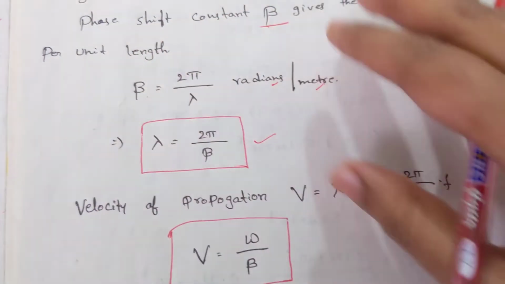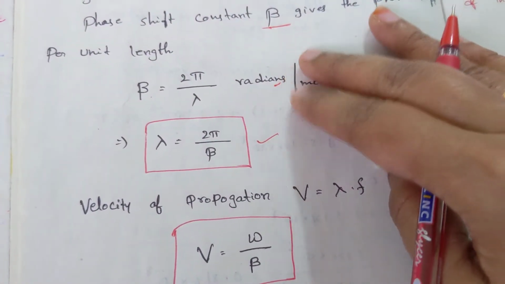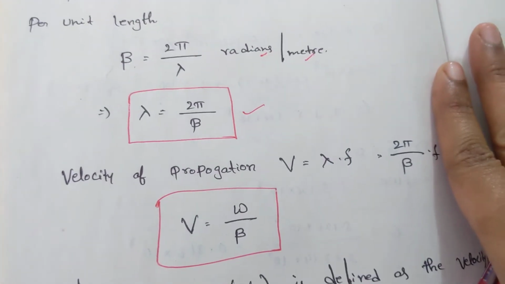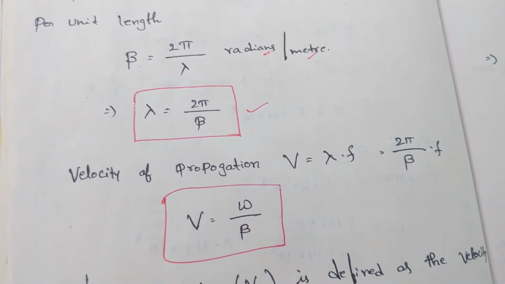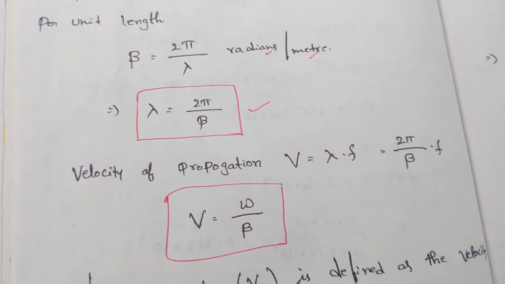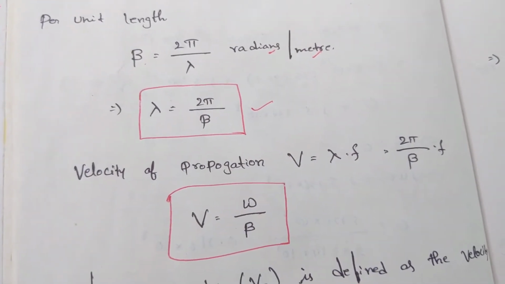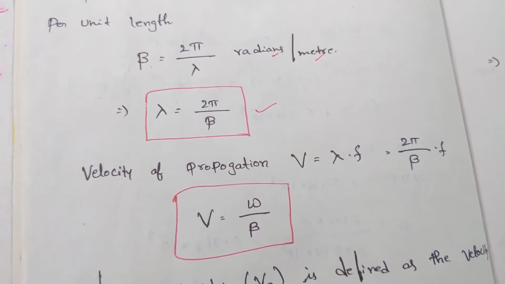So up to here we found the relationship between the wavelength and the phase constant. Now we have to find the velocity of propagation. Velocity of propagation means how much speed the wave is traveling along the transmission line or along the cable.